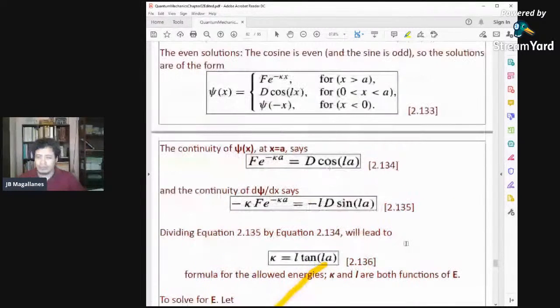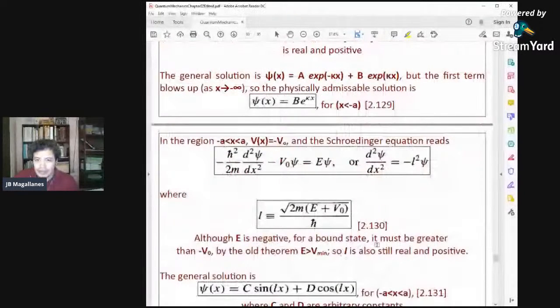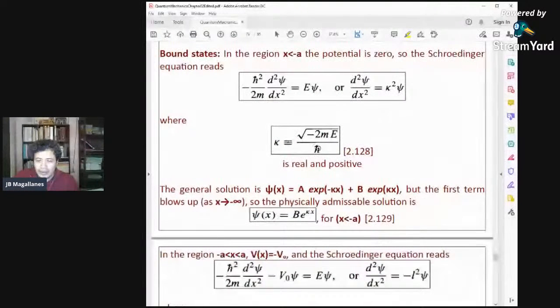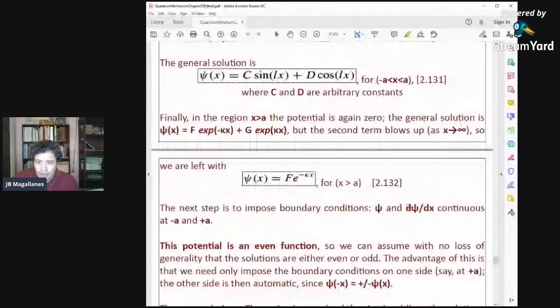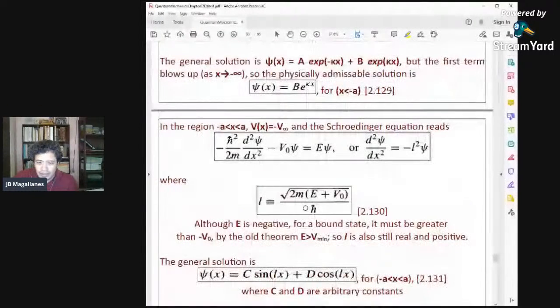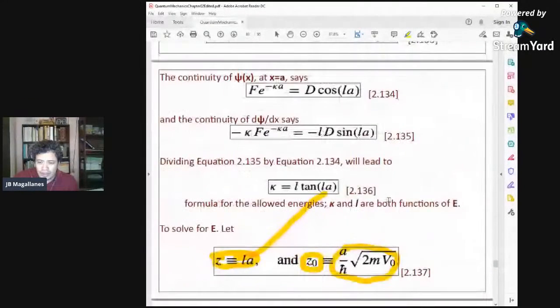You actually have this here. You set E equal to 0, so that you have the lowest.